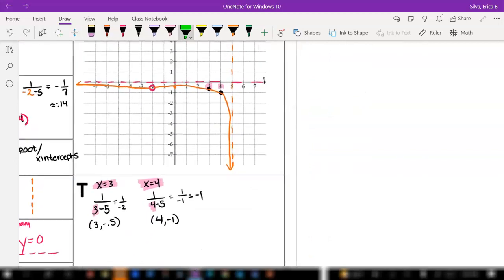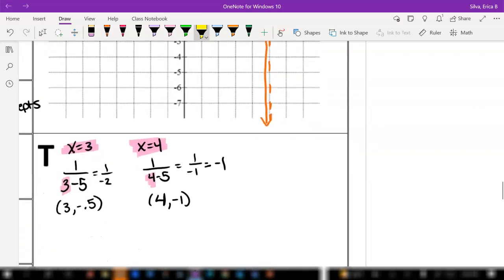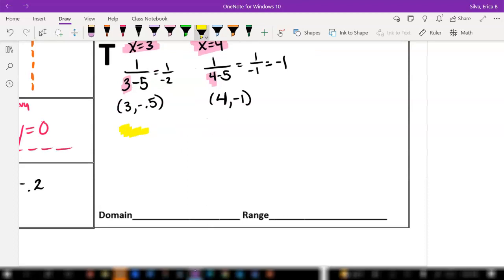Now we're going to use the points on the right side to see where those points are on the graph. So we're going to test x is 6 and x is 7. 1 over 6 minus 5, 1 over 7 minus 5. 1 over 1. So this point is at 6, 1. 1 over 2.